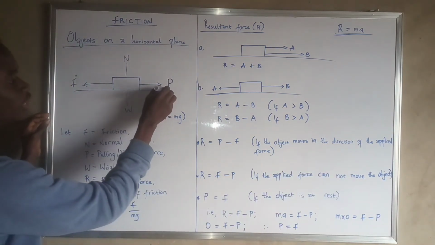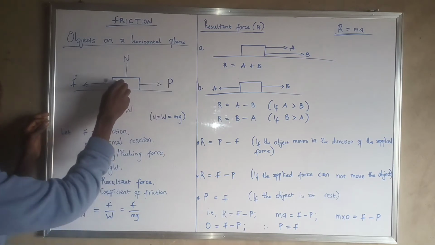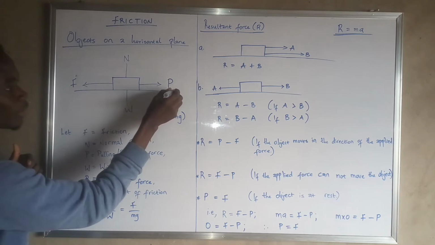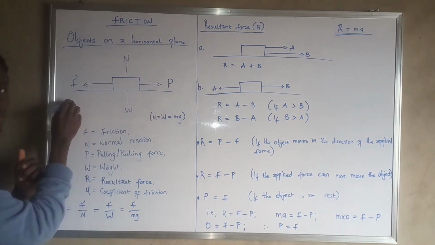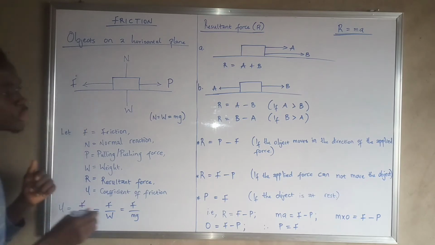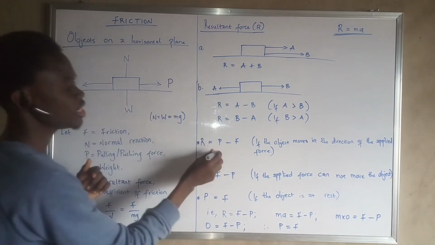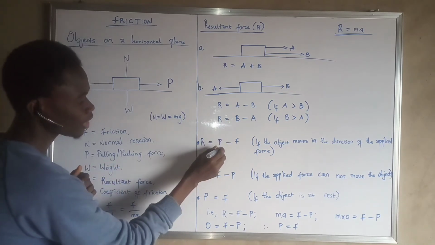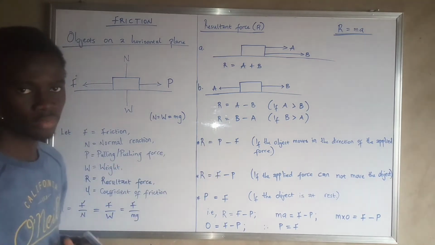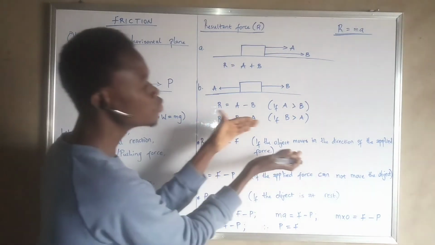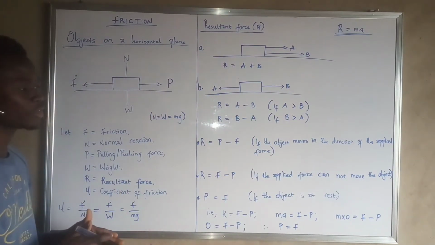When this force is applied, if the object moves in the direction of the applied force, that shows this applied force is greater than the friction or the force opposing it. So the resultant force between this applied force and the friction is equal to applied force minus friction, because the applied force is greater than the friction for it to move in the direction of the applied force.